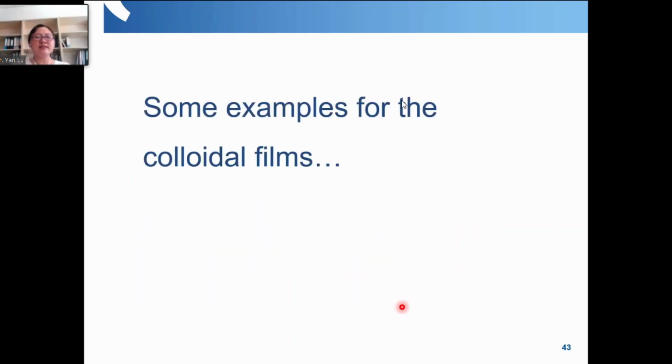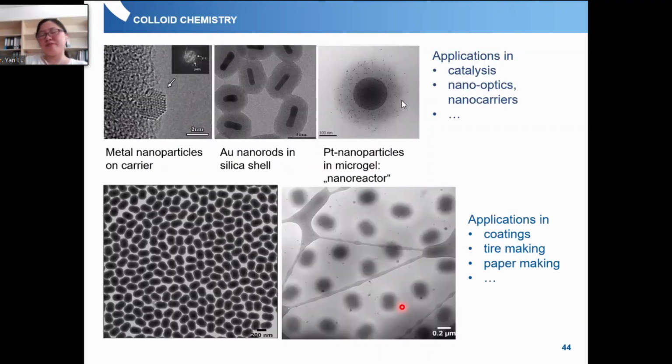So with this, I also want to give you some examples of what you can do. Using this method you can form a nice film. Depending on the application, you can choose different colloidal particles, form colloidal films based on these particles, and use them in different applications.